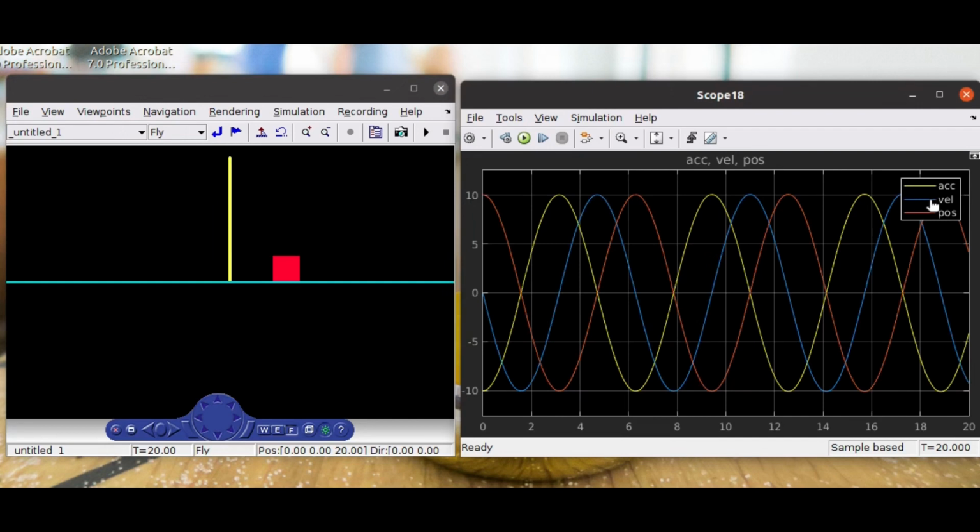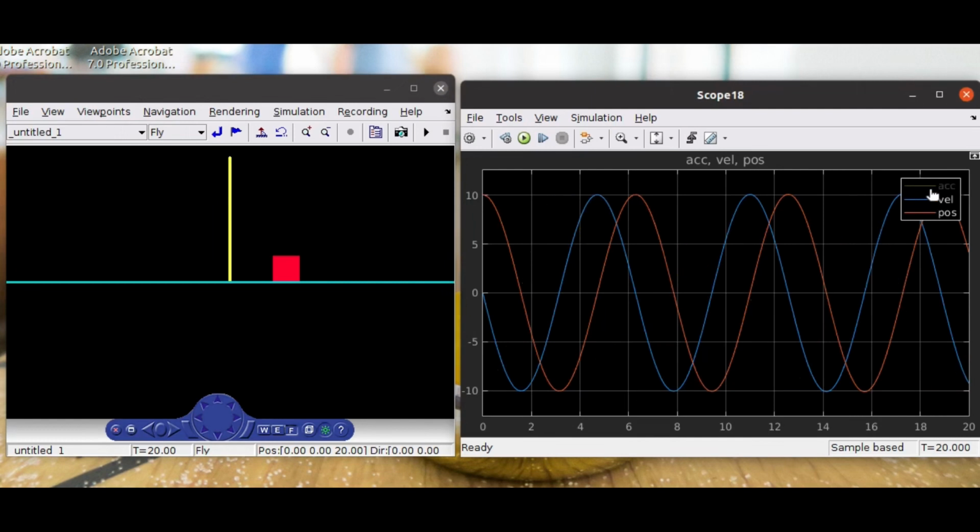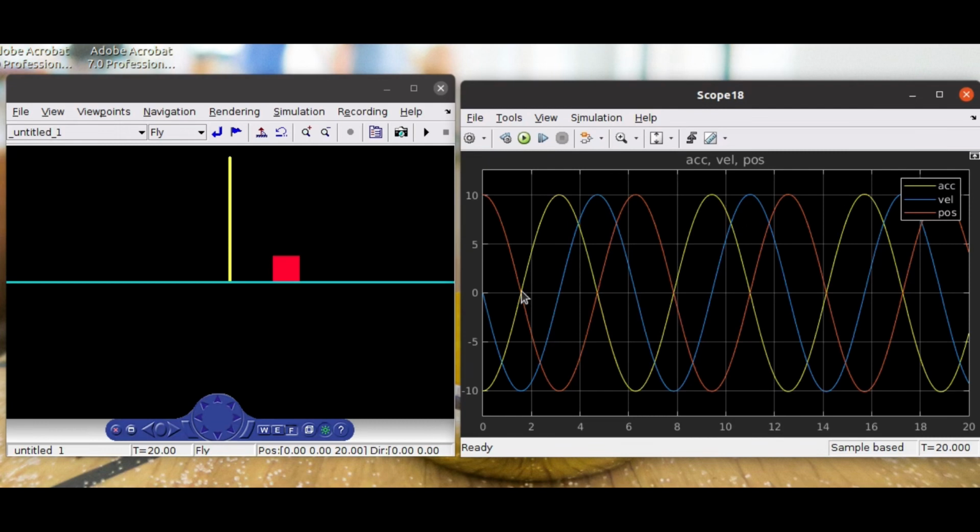So if you see the velocity plots, the velocity keeps on increasing because of the negative force that is acting on the body until the point when the force or the acceleration becomes 0. So when the position and the force become 0, the velocity is non-zero. It has quite a substantial amount of velocity in the body.